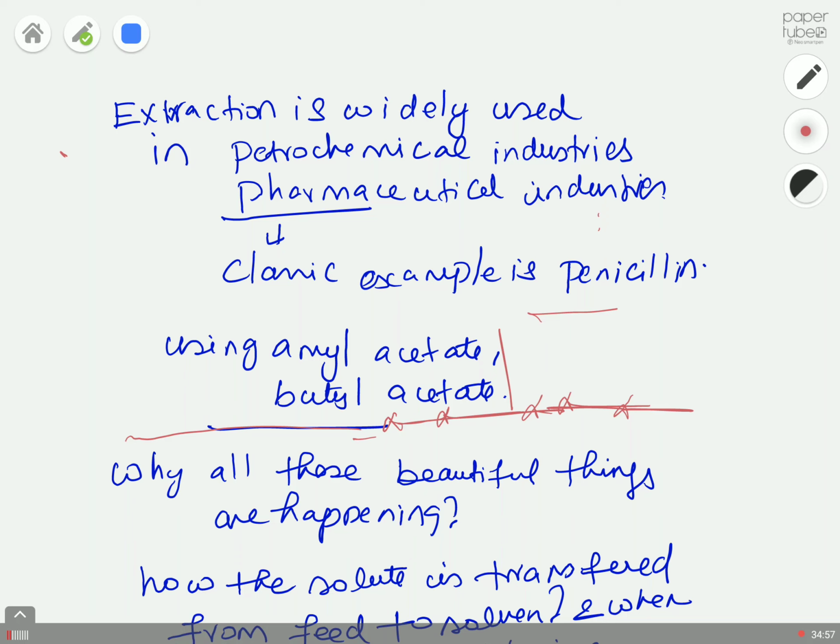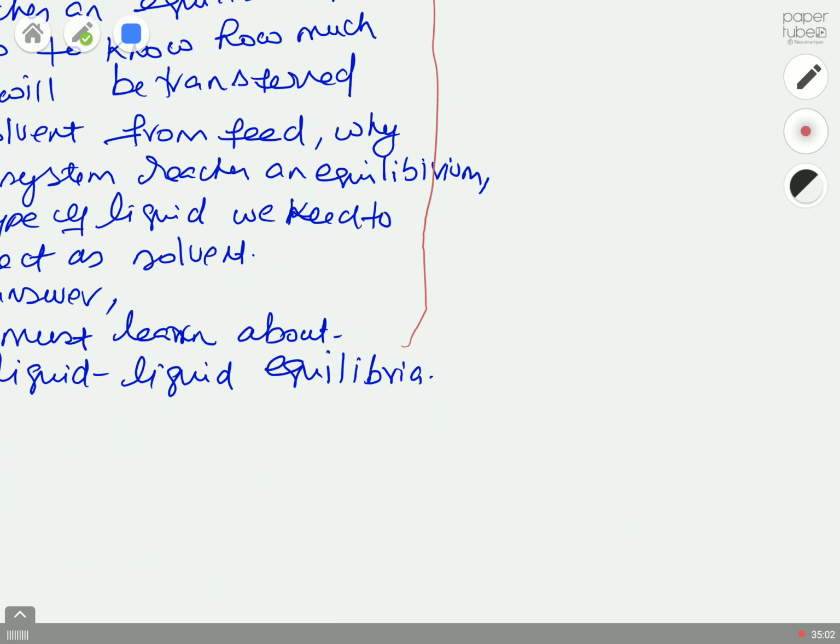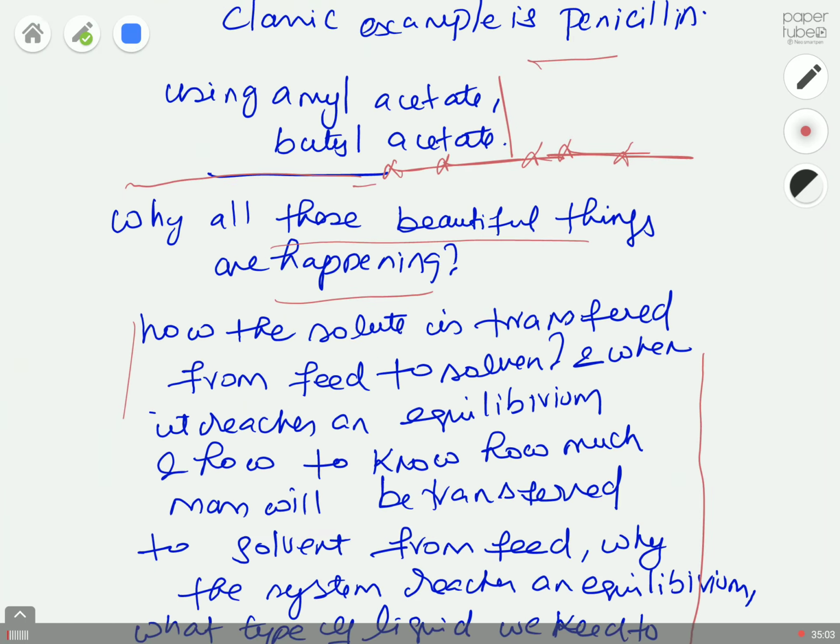And then finally, why are all these beautiful things happening? Why, when you mix two liquids, does something transfer from one liquid to another? Why do these two liquids have a phase separation, why don't they mix with each other, yet allow a solute to change from one side to the other, obviously via mass transfer? Everything is happening for some reason.